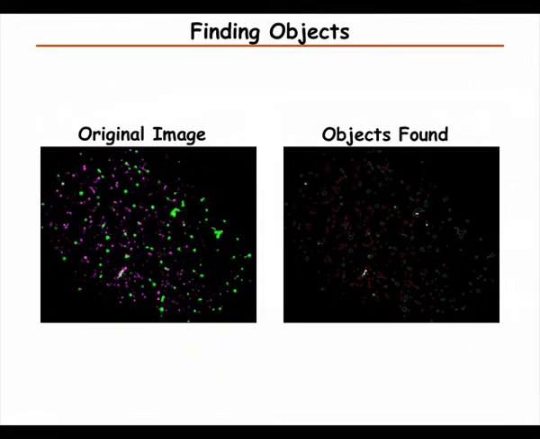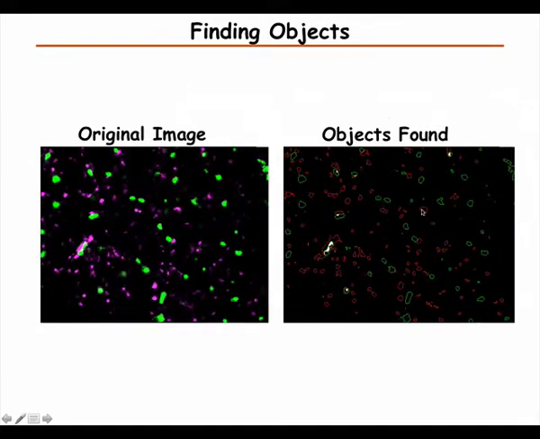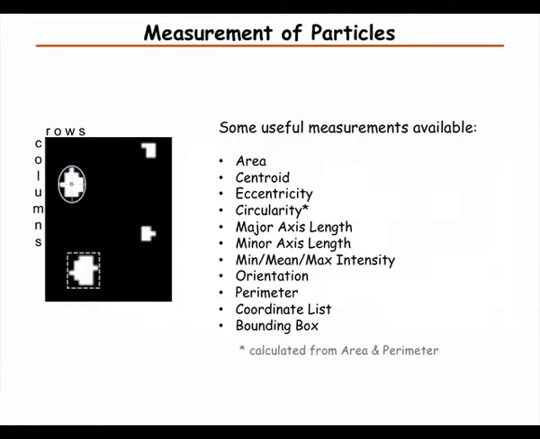So then, we compare the original image, and we have found our objects, so we can just show the outlines of the different objects. And here, if we zoom in, we see the green objects and the red objects outlined. And sometimes there is an overlap between them. Now that we have our objects, we can of course do all sorts of measurements on them.